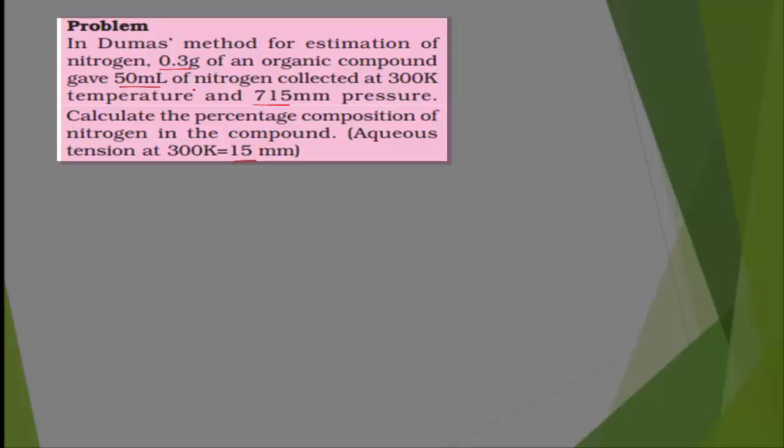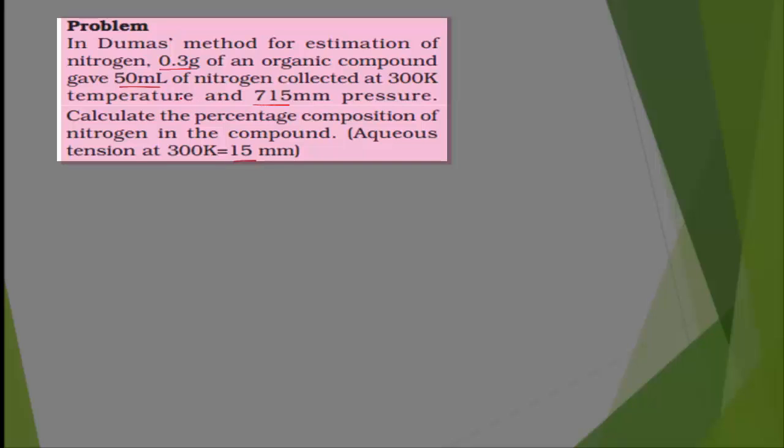So you have volume, you have temperature, you have pressure. We can use the ideal gas equation and first find out the moles of nitrogen, then you can find out the weight of the nitrogen, and by that you can find out how much is the composition of nitrogen in the sample.